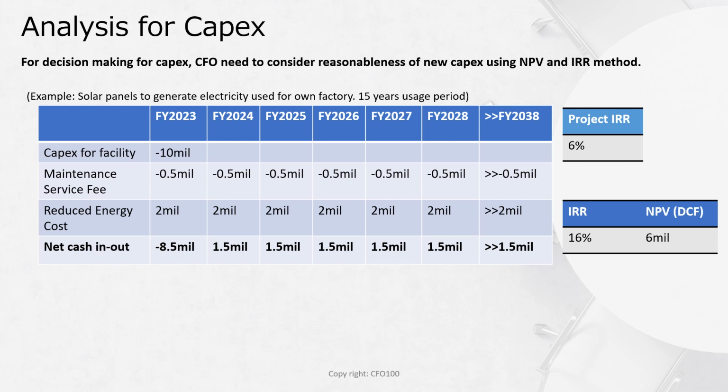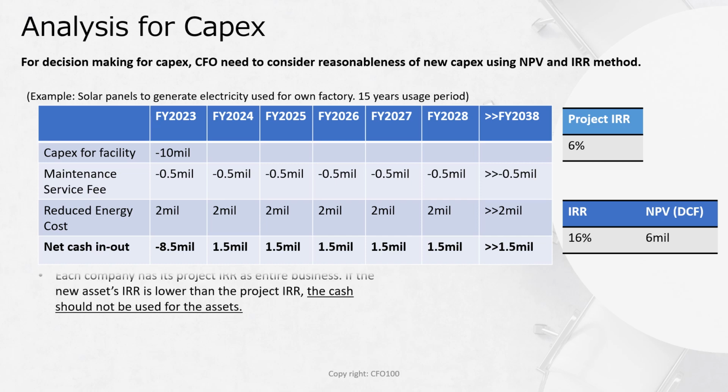When CFO does decision making for large expenditures, this type of analysis is the very standard way. If the new asset's IRR is lower than the project IRR or NPV is a negative number, the cash should not be used for the new asset, because if you pay back that money to shareholders, it is larger return than using it for the new expenditure.